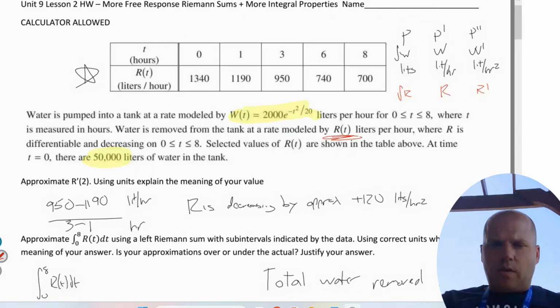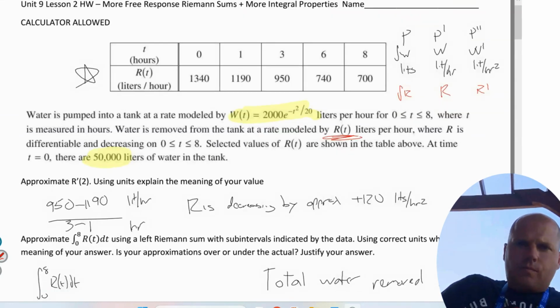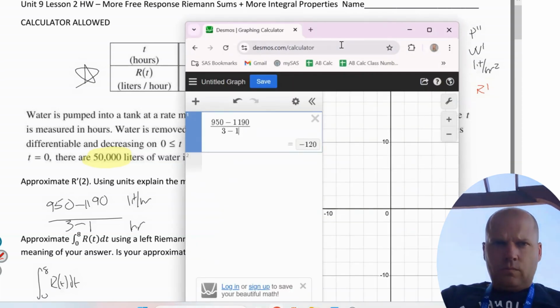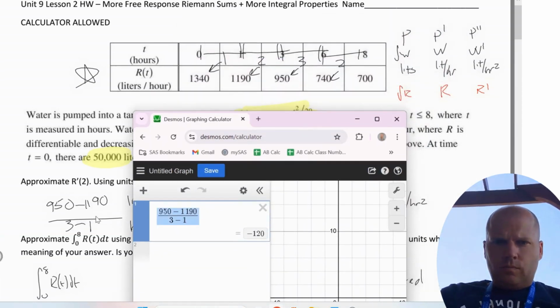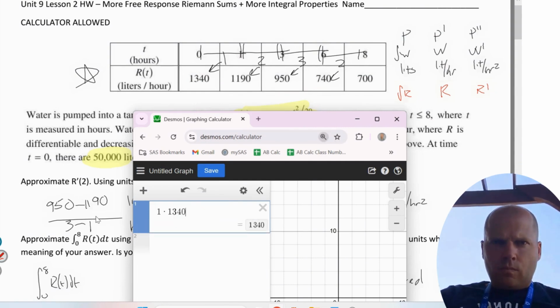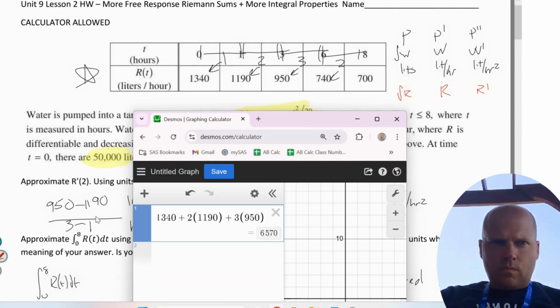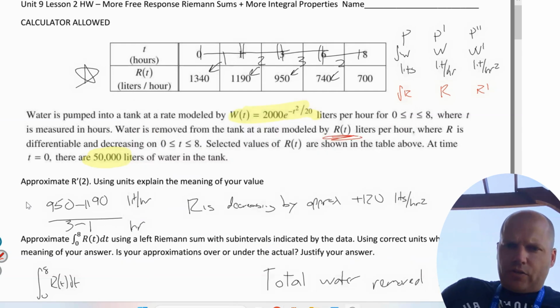We're going to use a left Riemann sum. 0 to 1, base length of 1, use 1340. 1 to 3, base length of 2, use 1190. 3 to 6, base length of 3, use 950. 6 to 8, base length of 2, use 740. That gives 8,050 liters.